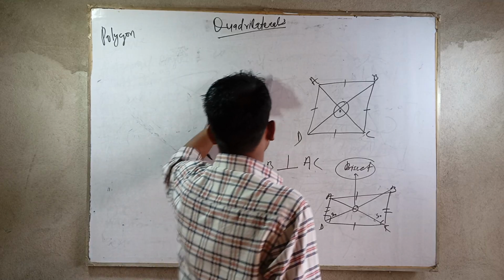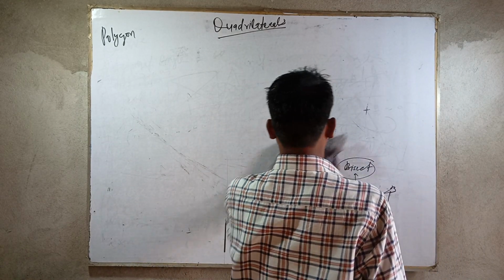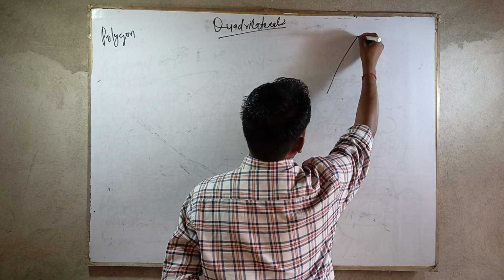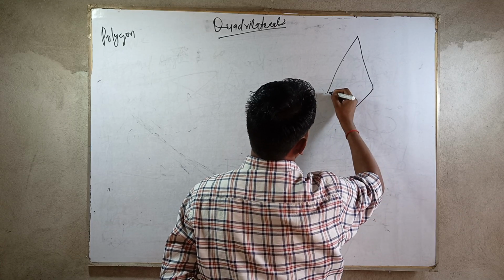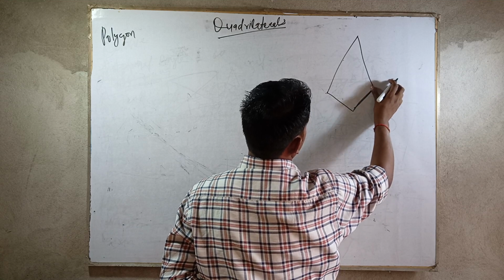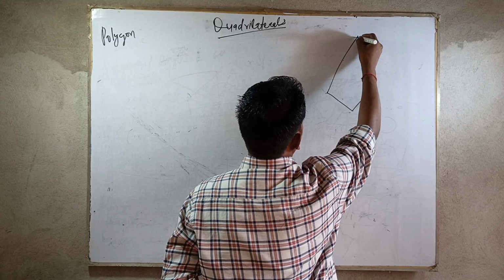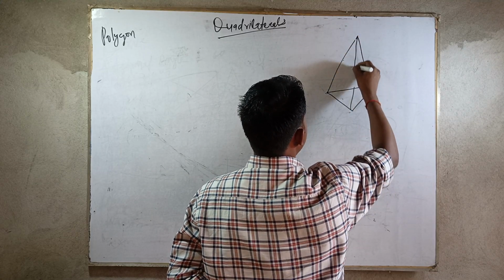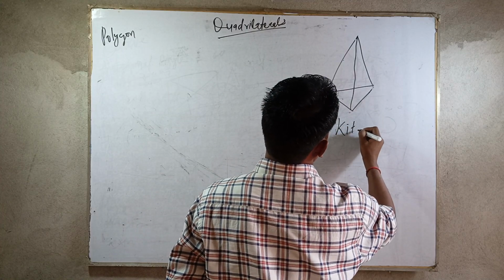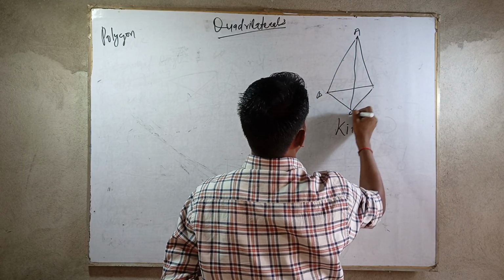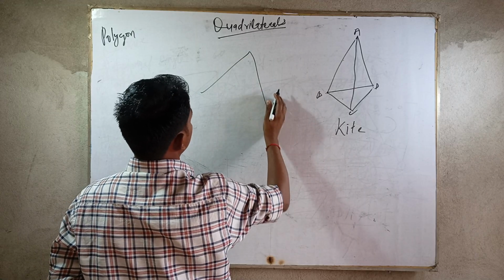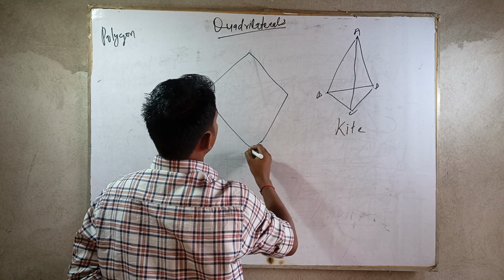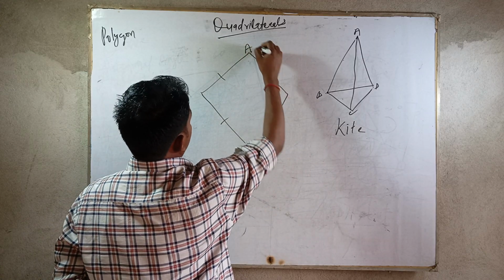Next one is the rhombus. So this is A, B, C, D, and this one is a rhombus, in which all sides are equal.